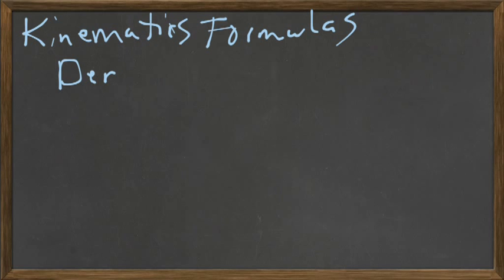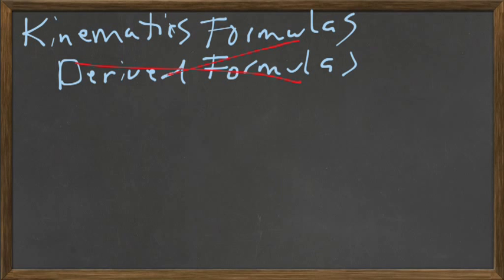You see in the book a bunch of formulas that they derive specific for projectile motion. Go ahead and mentally scratch right through those. Don't even look at them. Go back on your formula sheet, the same kinematics formulas you used before, the ones you're going to use again. But what you're going to have to do is mentally modify some of them to use them specifically for the types of problems we're working with.